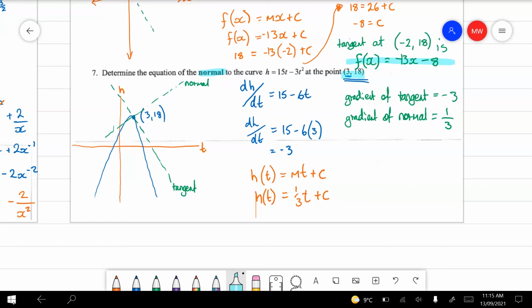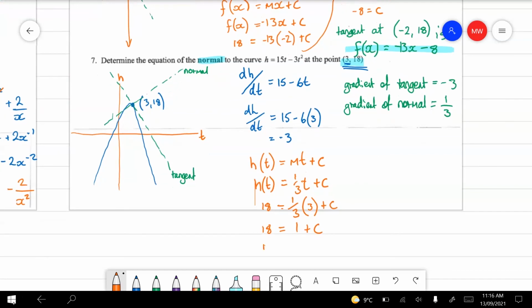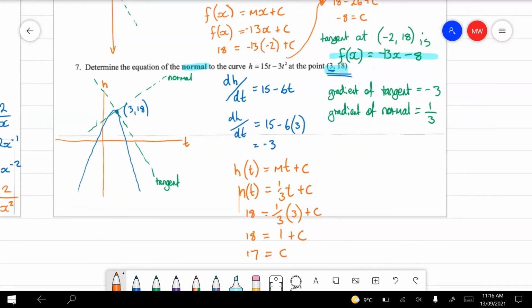Go back to the original coordinate and substitute in the values. So we've got a value down here of 18 equaling 1/3 of 3 plus c. So we've got 18 equals 1 plus c. So balance method, and c is 17. So we've found the answer.